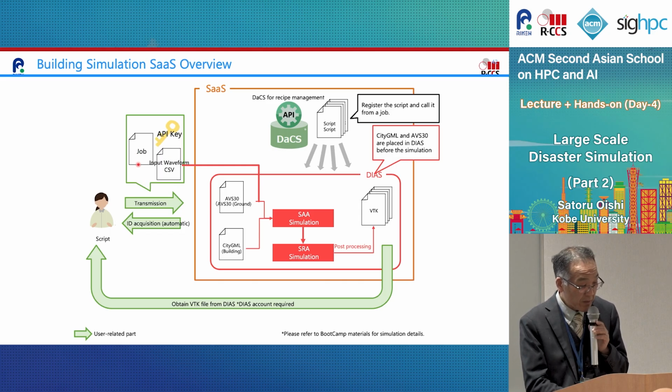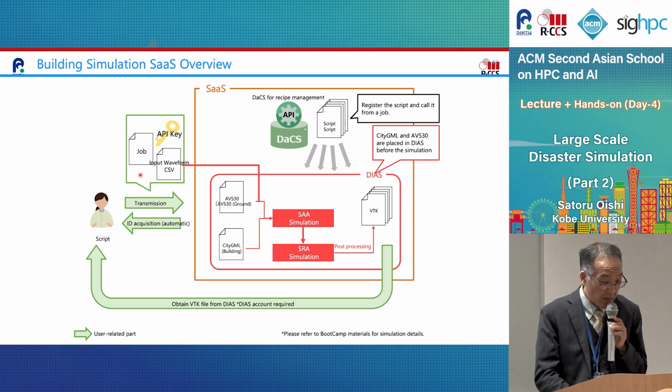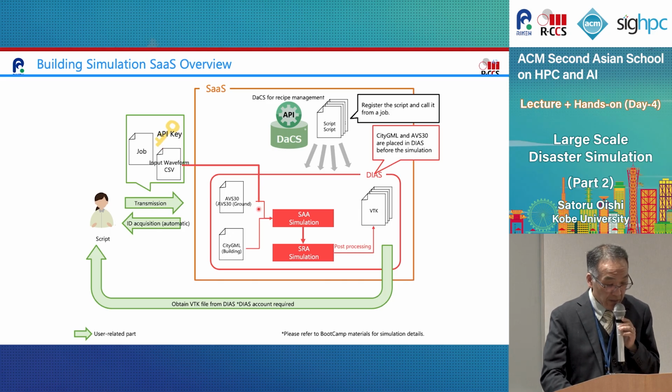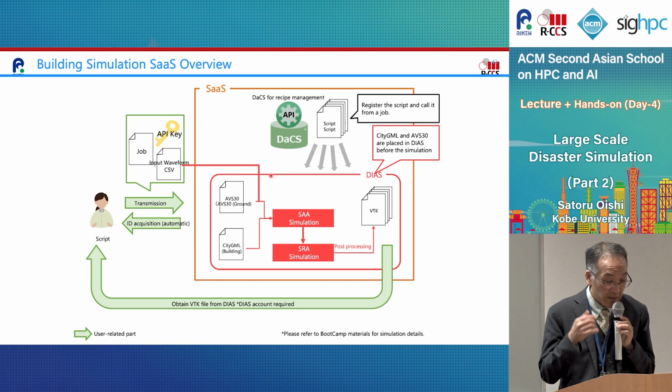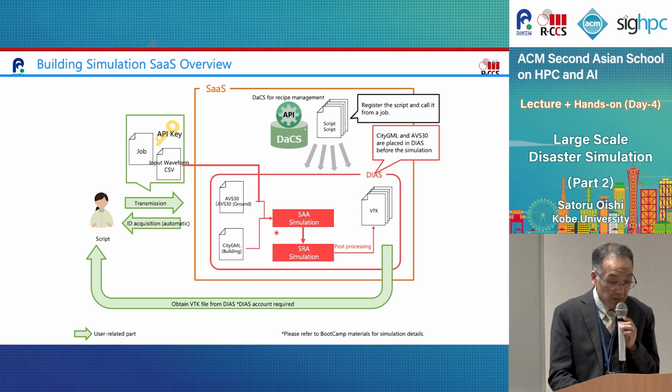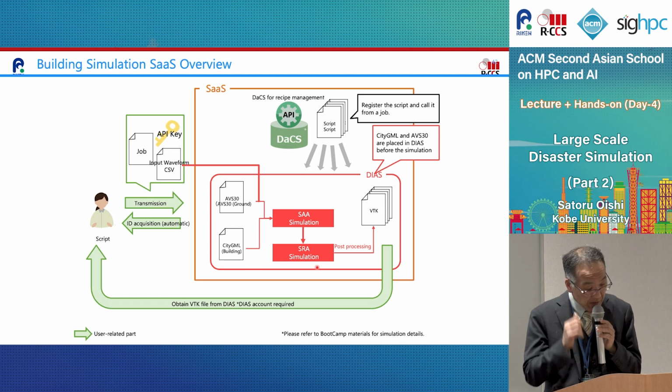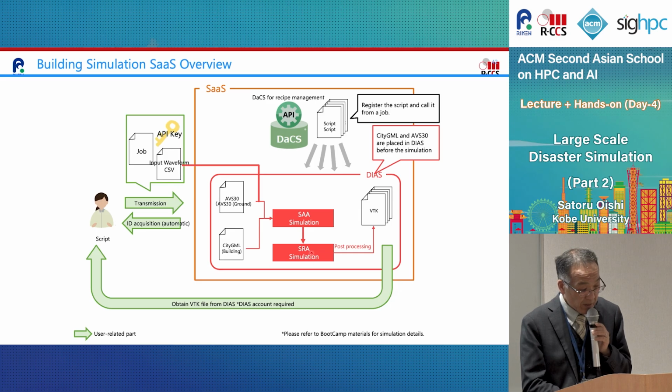We install the job with an API key to SaaS, then SaaS gets triggered, and the simulation of ground motion and the simulation for the structures can be calculated.